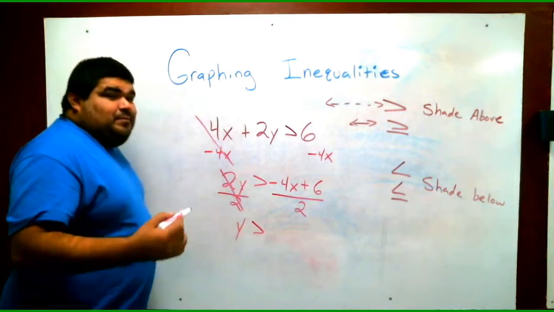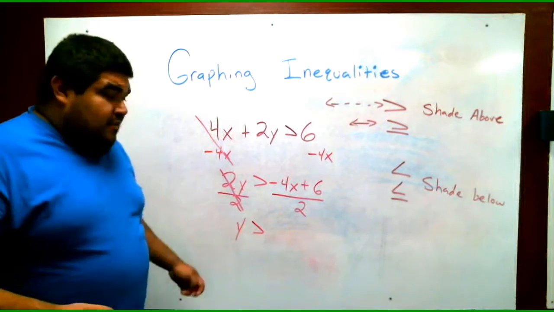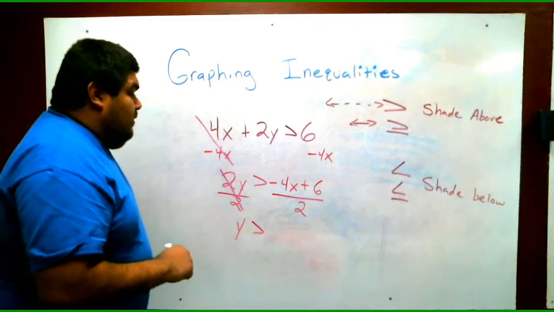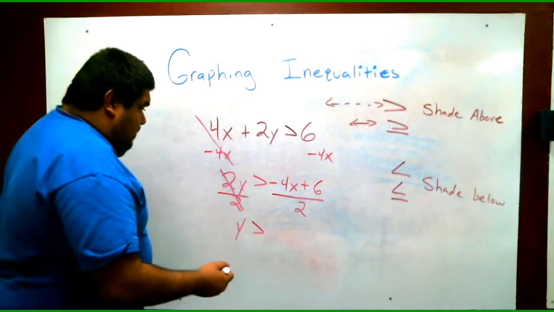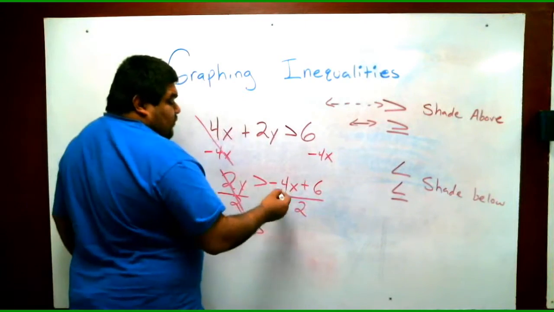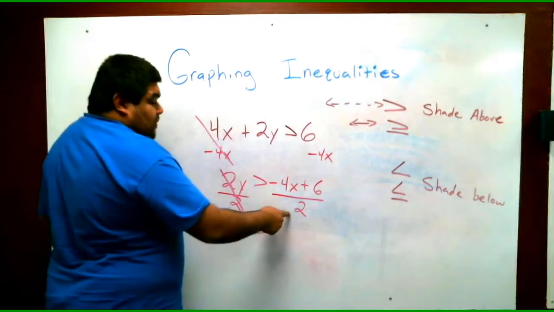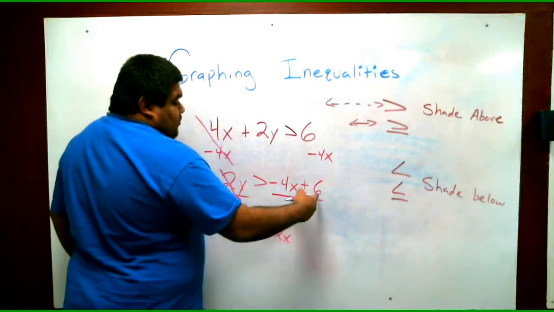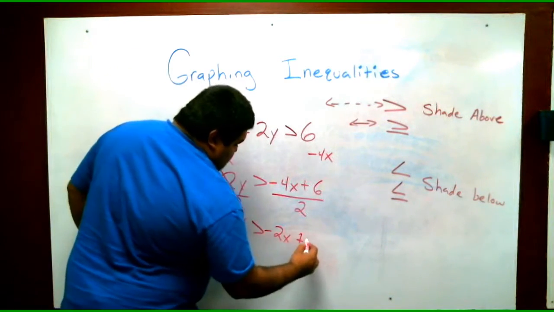If we would have divided by a negative number, then the sign would have flipped and would have been less than. Okay, so that's a little rule. Now we have a negative and a positive. 2 can go into 4 two times. Remember, positive and negative is negative. So negative 2x. 2 can go into 6 three times, plus 3.